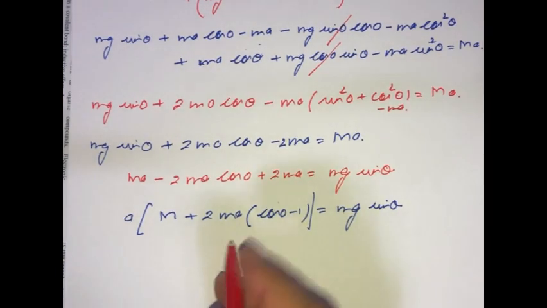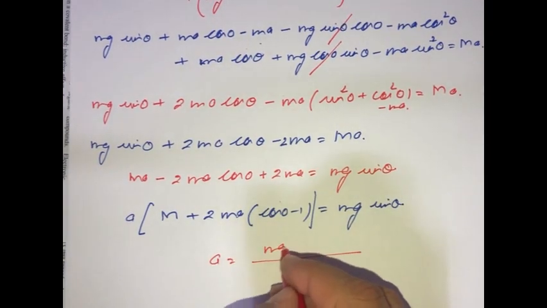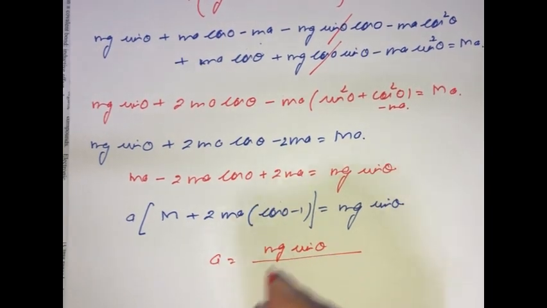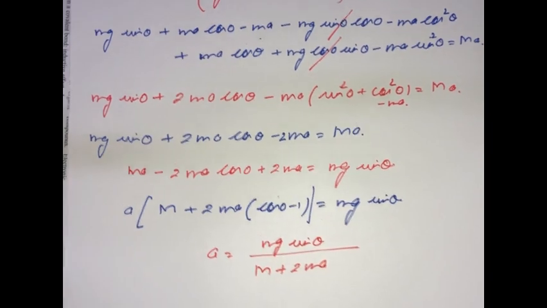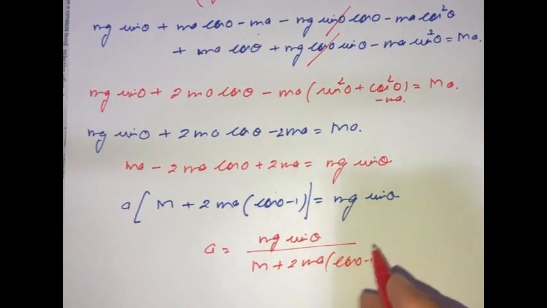So finally we are able to solve it. Acceleration is equal to mg sin theta over M plus twice m times cos of theta minus 1.